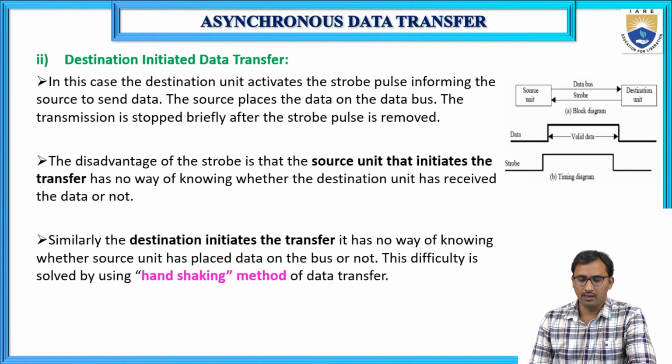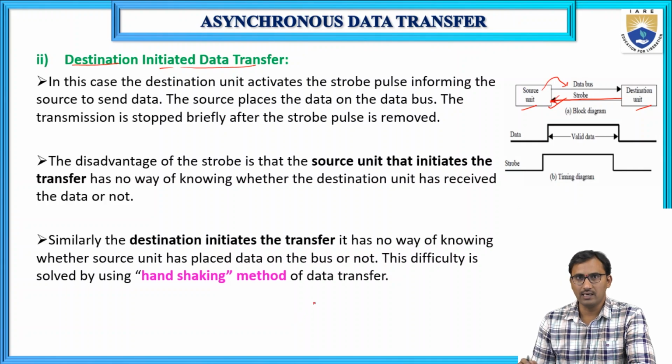And coming to the second one, that is destination initiated data transfer. Here you can see the block diagram. This is the source unit and this is the destination unit. The destination unit first sends a strobe pulse to the source unit. Whenever the source unit receives the strobe pulse, only then will the source unit place data in the data bus.